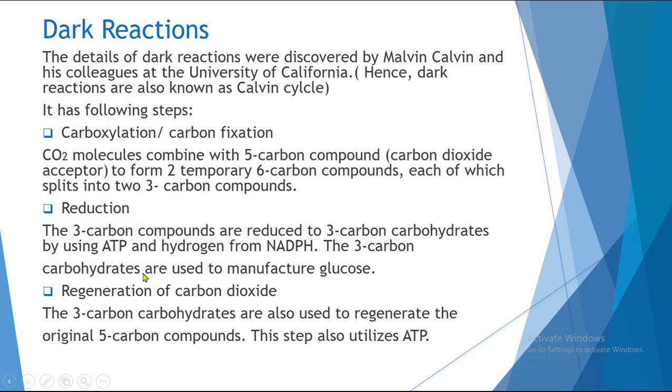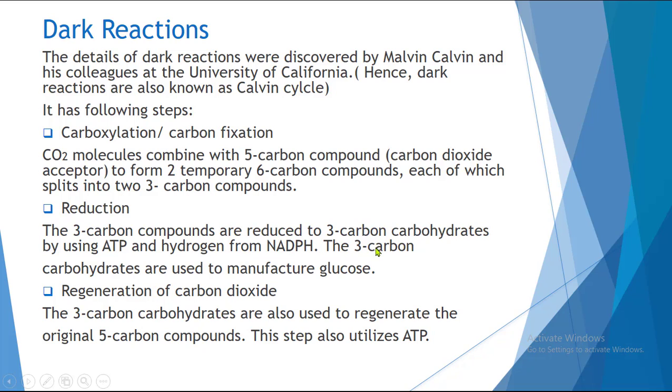These are the steps. Explain that first step, carbon fixation. I have explained that the carbon dioxide molecule combined with a 5 carbon containing compound to form temporary 6 carbon containing compounds, each of which splits into 2 3 carbon containing compounds. Then reduction: the 3 carbon compounds are reduced to 3 carbon carbohydrates using ATP and hydrogen from NADPH.